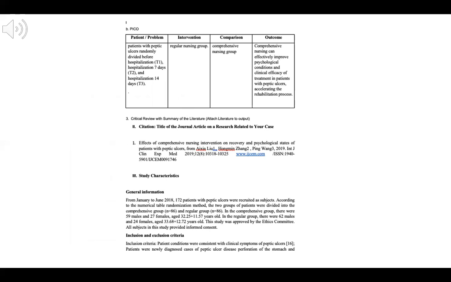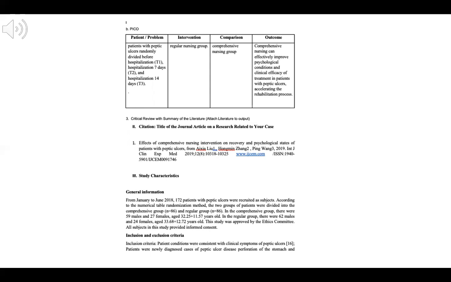Okay. Then after examining the elements of the question, we proceed to the critical review with summary of the literature. So we try to search literature that would possibly answer the question that we came up with.